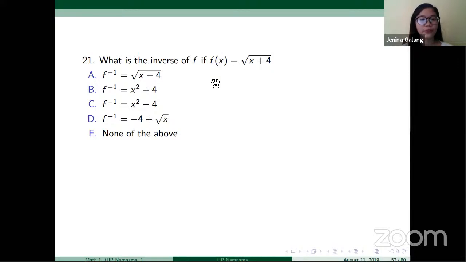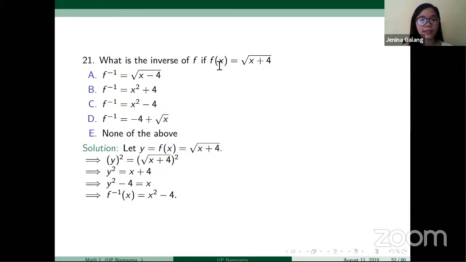This function is 1-to-1. So next, sa process natin, we will let y equal f of x, which is y equals square root of x plus 4. So square both sides, so y squared, and the square root of x plus 4 squared, maka-cancel out yung square root natin, and we have x plus 4.